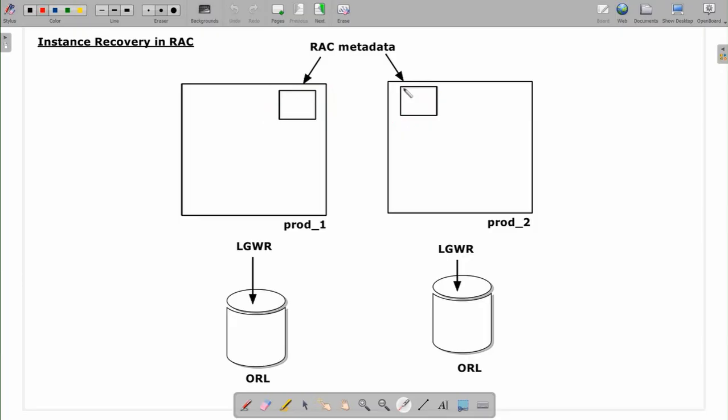This area, later on we're going to learn. This is the global resource directory. Both instances have a global resource directory, and this is the location where RAC metadata information is saved.